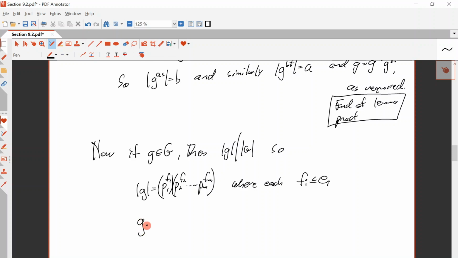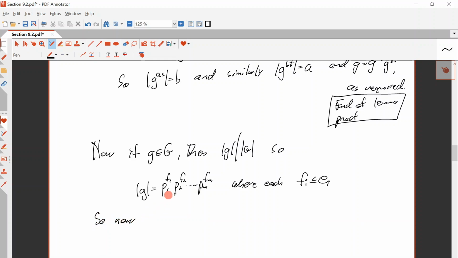Right, so G is equal to G1 times G2, or G1 times H1, where, so we repeatedly apply the lemma.